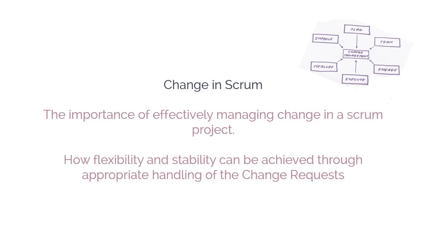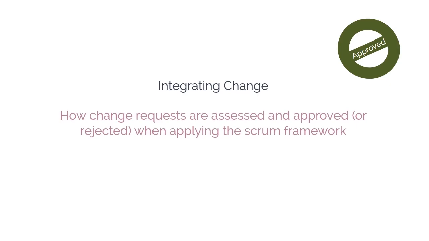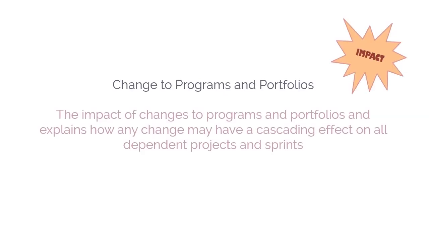It also addresses how flexibility and stability can be achieved through appropriate handling of the change requests that arise throughout a project. The next section is Integrating Change, explaining how change requests are assessed and approved or rejected when applying the Scrum framework. This section describes the impact of changes to programs and portfolios and explains how any change may have a cascading effect on all dependent projects and sprints.